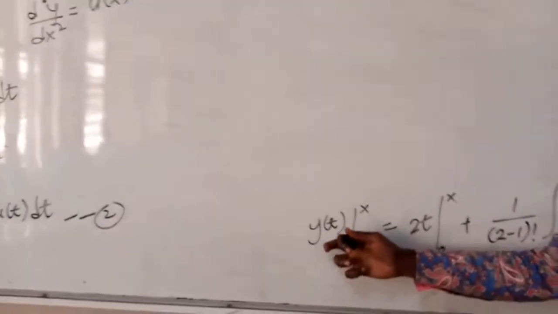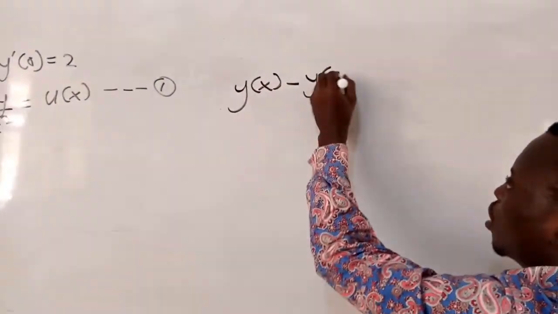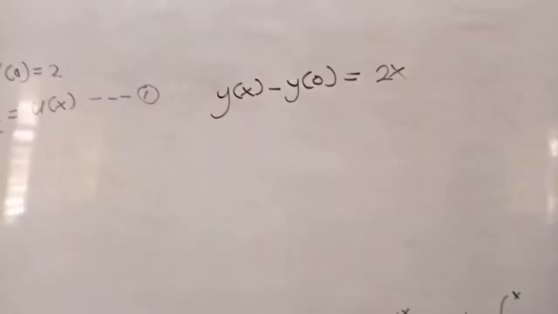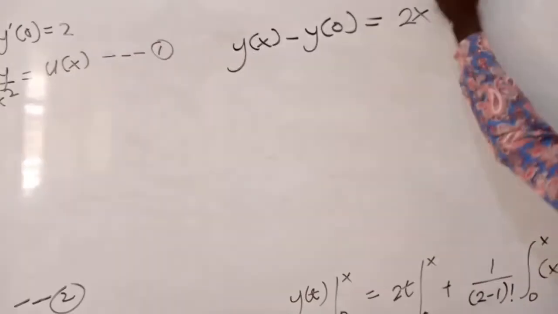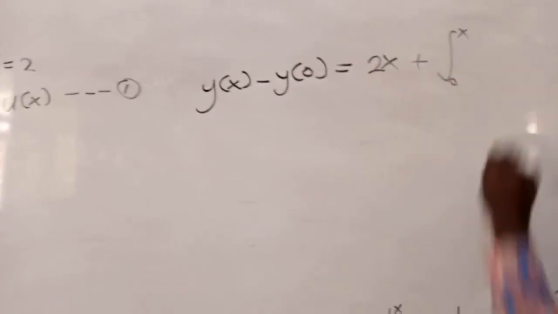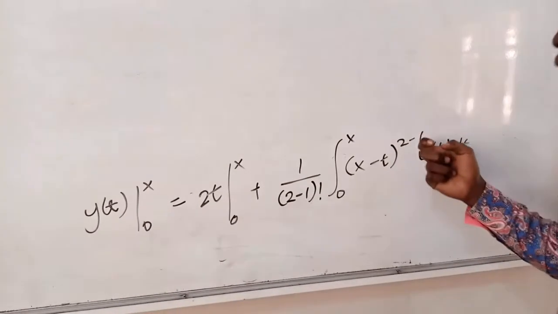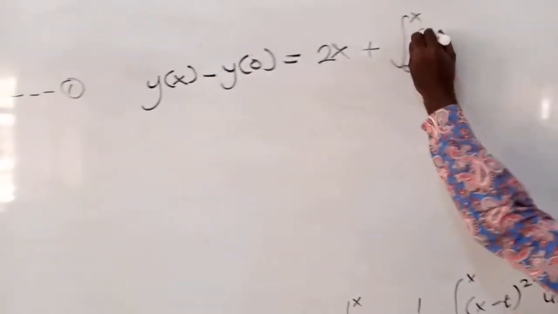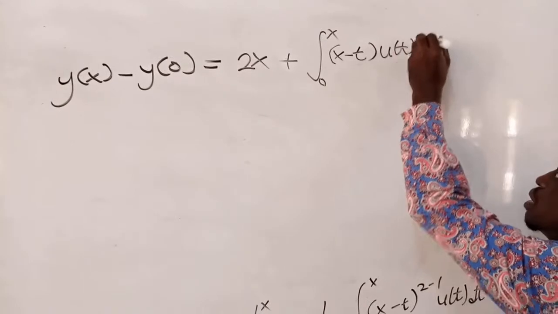If we evaluate this one, we're going to get y of s minus y of 0 equal to 2s minus 2 times 0, which is still 0, plus the integral from 0 to s of (s minus t), with 2 minus 1 being 1, so s minus t, u of t dt.